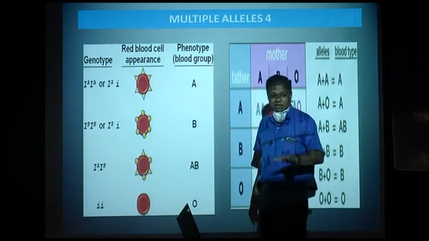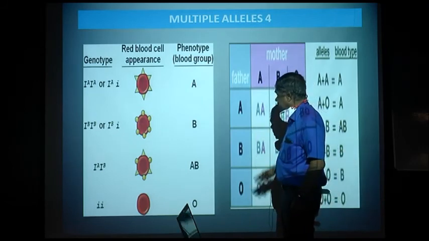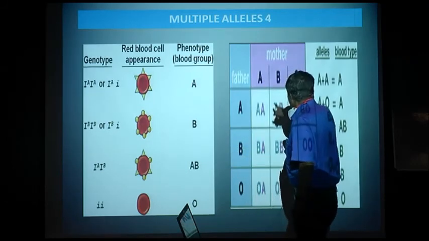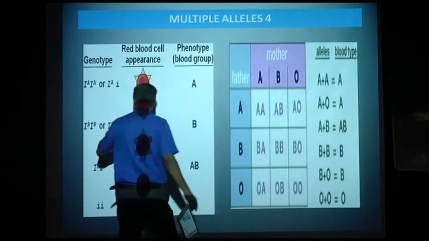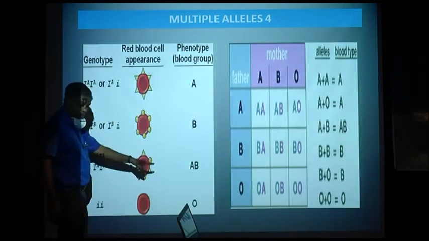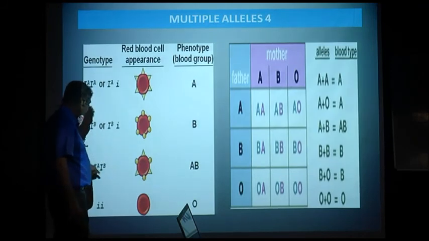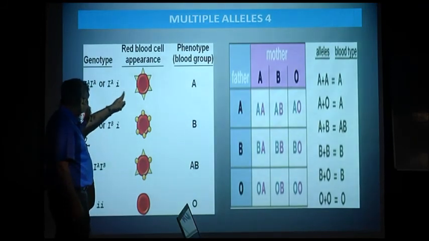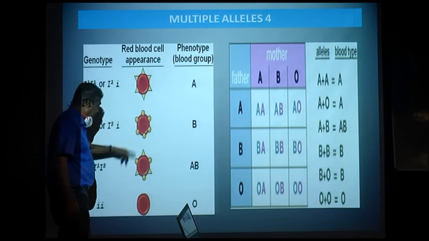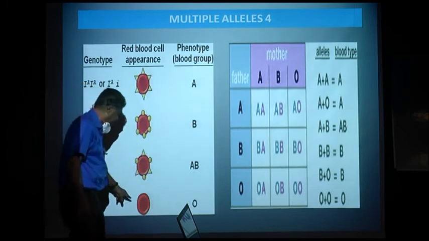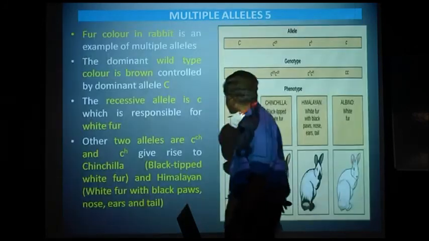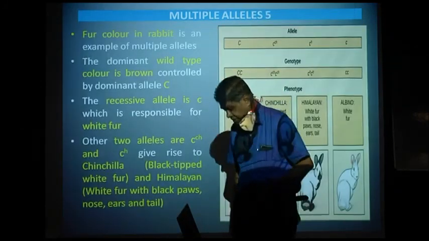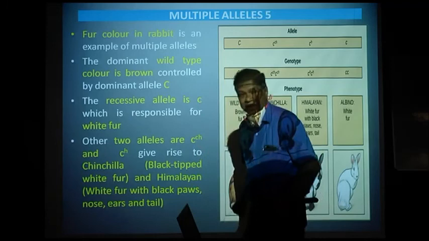So multiple alleles give rise to multiple conditions. If both are present, we get the AB blood group. If one is present, we get A or B, and if none is present, we get simple blood cells.